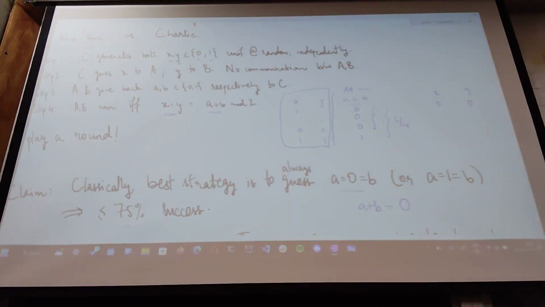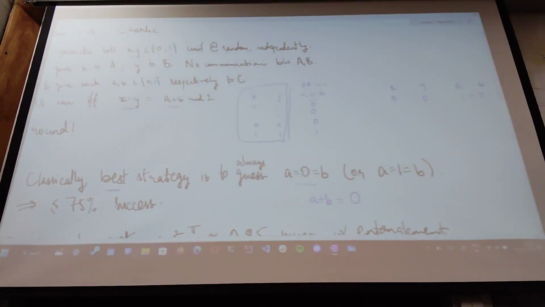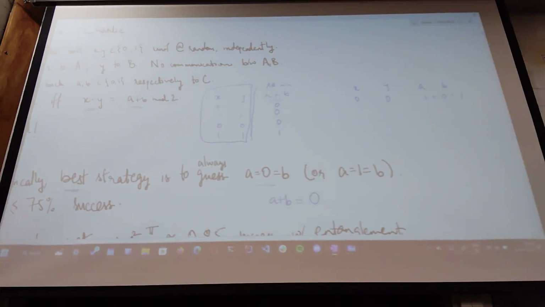Now I say that this is the best strategy which you can have, and it's not too hard to see why. You have only 4 possible options, and since A and B cannot communicate with each other, the output A and the output B can only depend on what X and Y are. So they are functions of one bit.